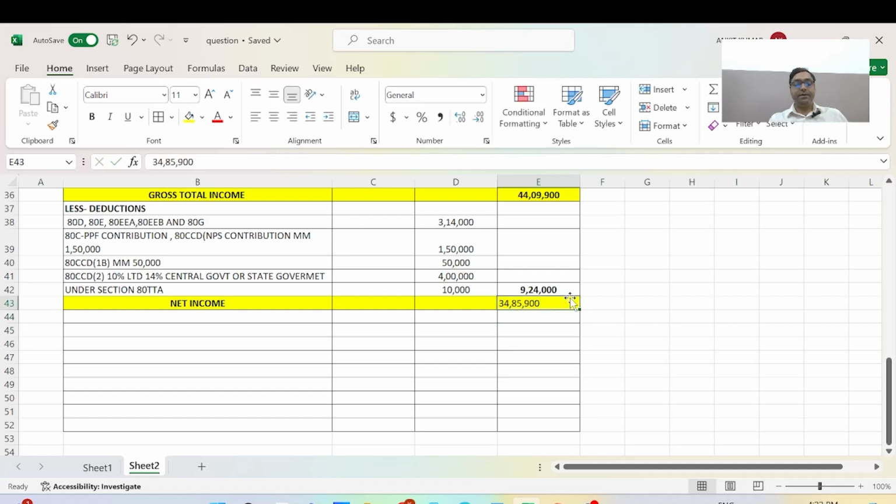This is our net income, not the taxable income.